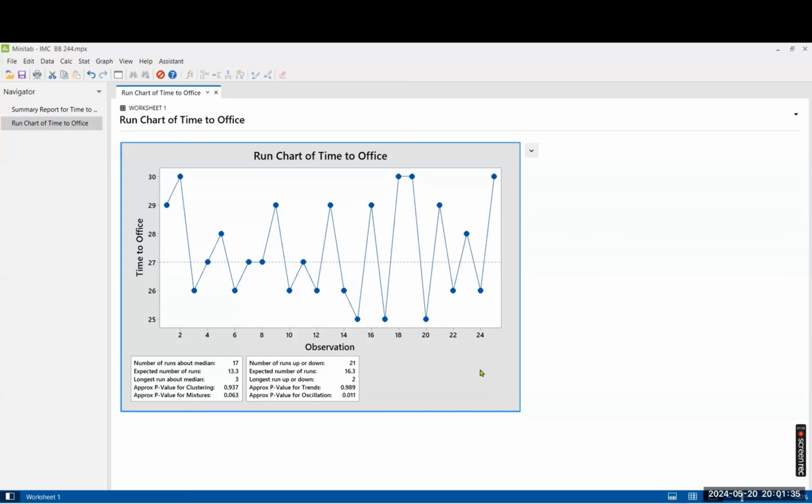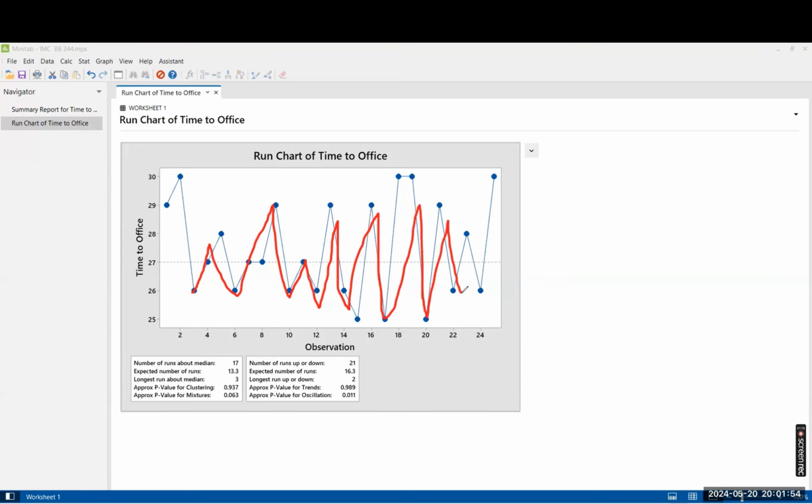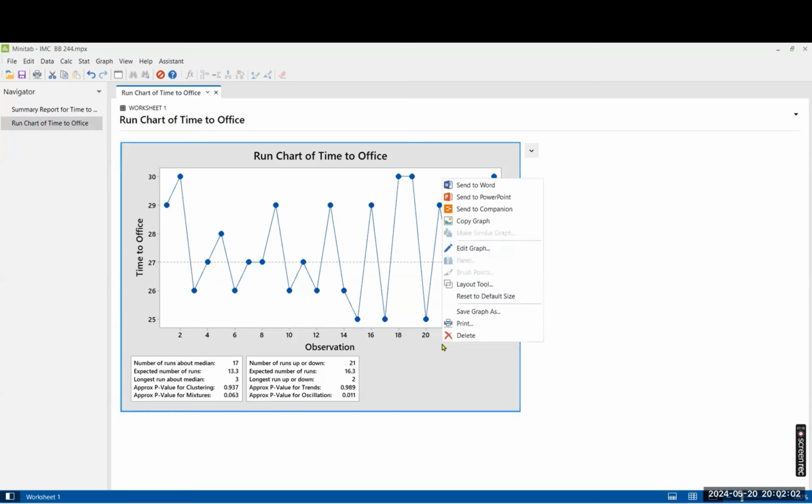Yes, absolutely correct. In case any p-value is less than 0.05, then the entire data will be not random. And this data is not random because of the oscillation. Oscillation means you will see data values are making up and down, and this is significant in this. That's how this is the oscillation, as I was explaining to you, if you remember the Excel sheet.